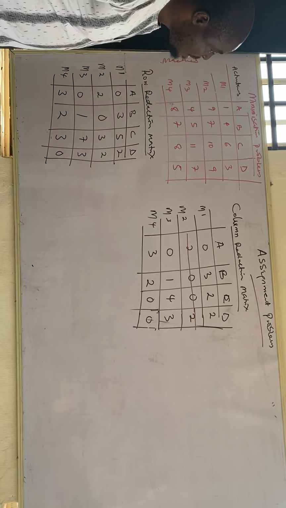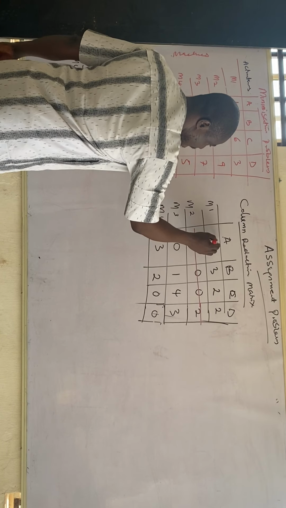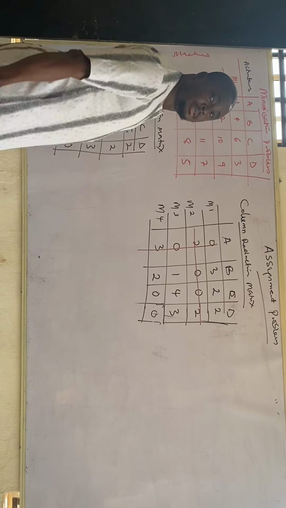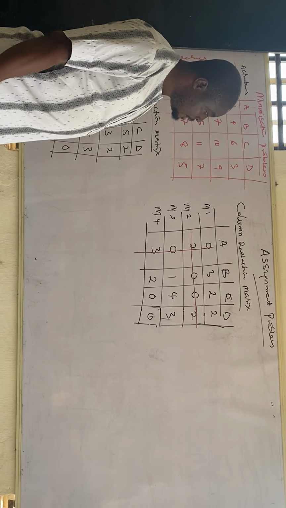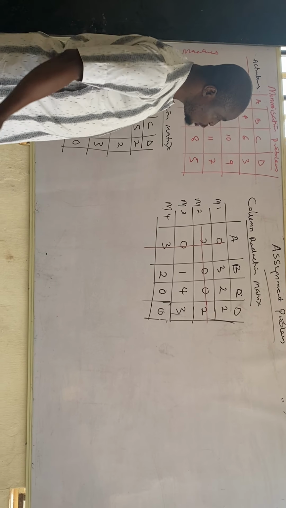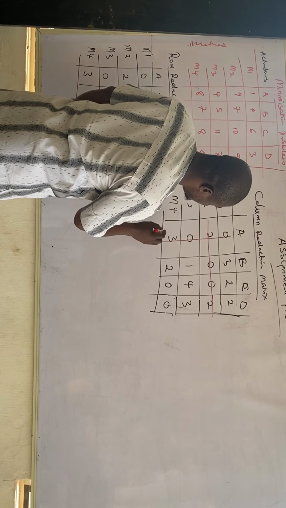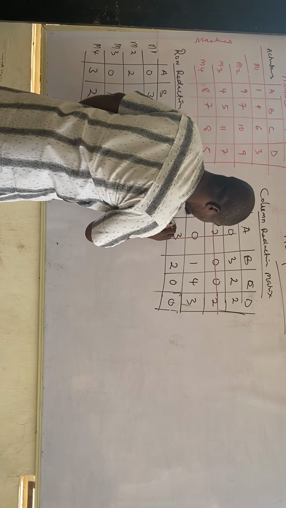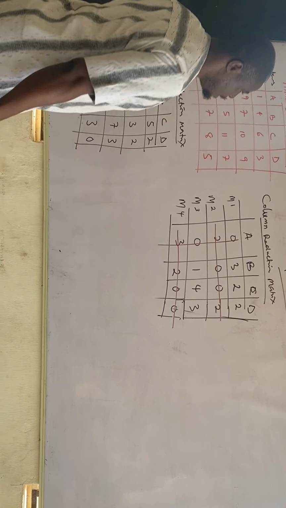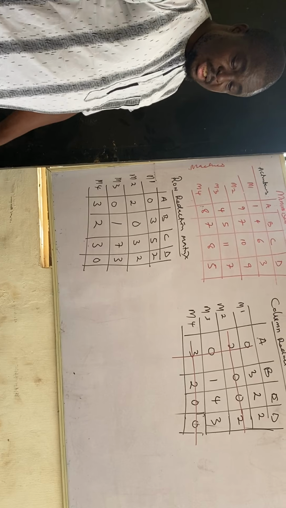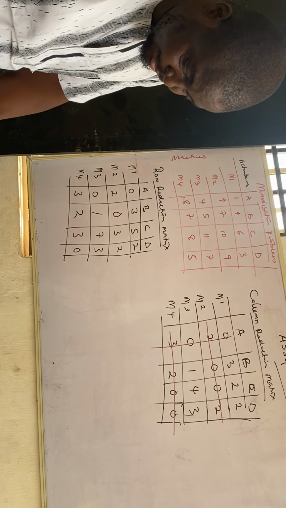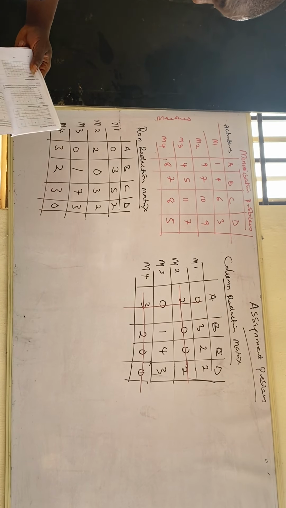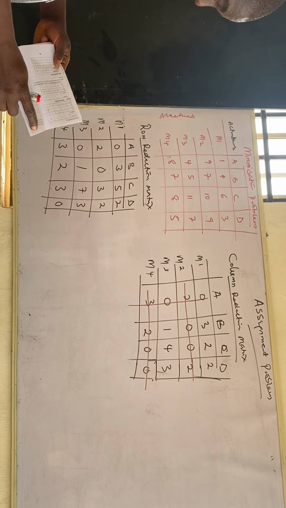After that, I want to cover where I can cover 2 again. I can cover 2 here. I want to cover where I can cover 2 again. I can cover 2 here. So I've covered using 3 lines.